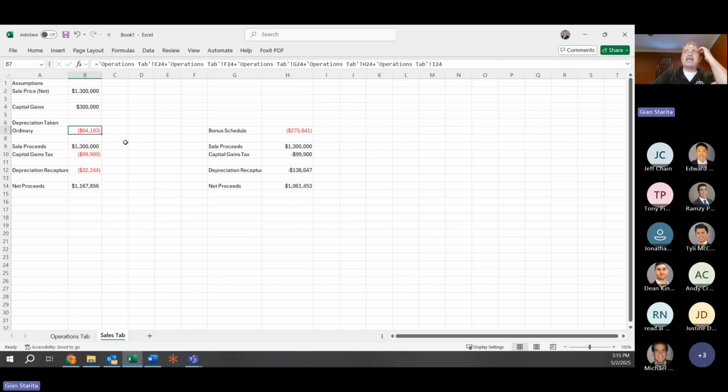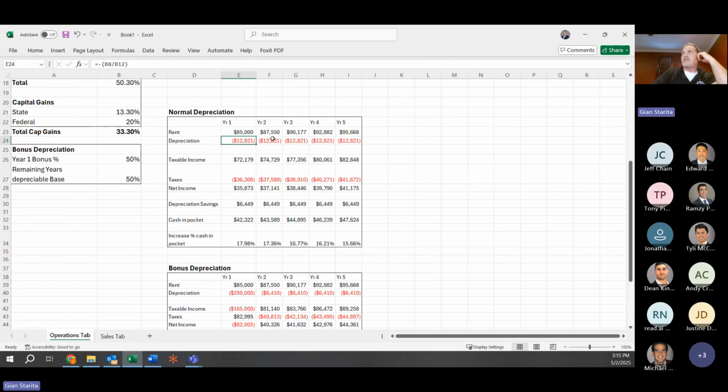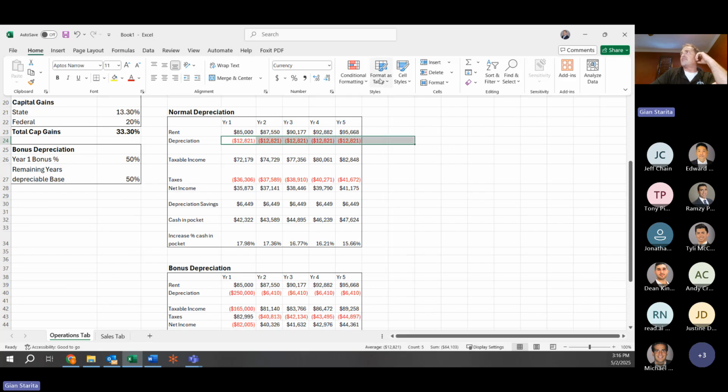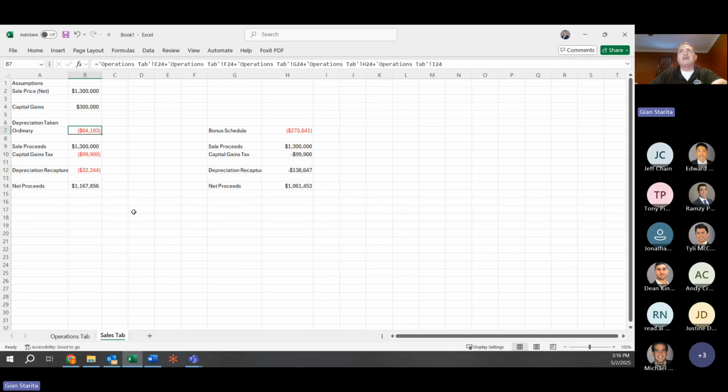But we've already taken depreciation. This isn't that normal schedule. So we've got normal depreciation of 64,103. See how every year for 5 years we took 12,821. If you add that all up, that's your 64,103. Now that I'm selling the property, the government says, hey man, I gave you a tax break for all those years.